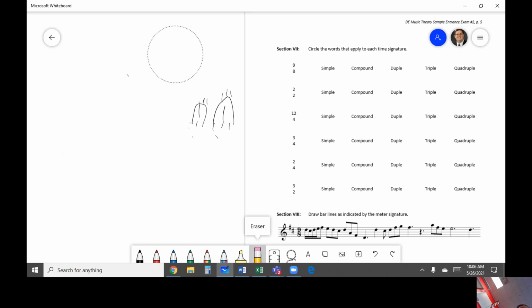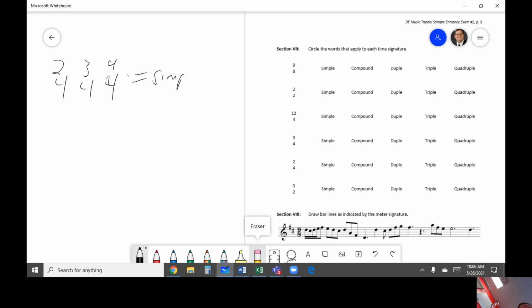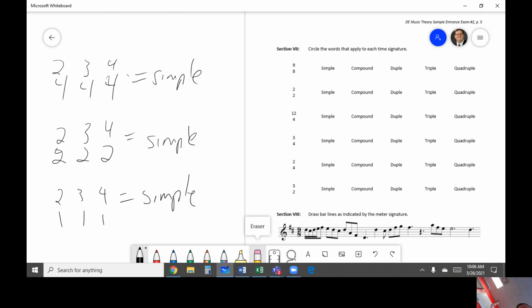All right, now that you've seen what I'm talking about, let's give some examples. 2-4, 3-4, 4-4, anything with a 4 is going to be simple. 2-2, 3-2, 4-2, anything with a 2 is going to be simple. 2-1, 3-1, 4-1 is going to be simple, okay?